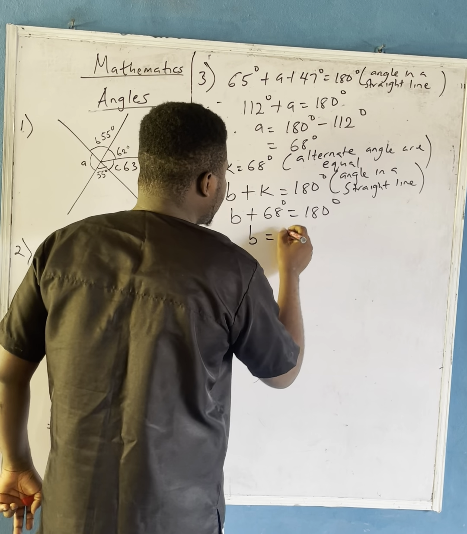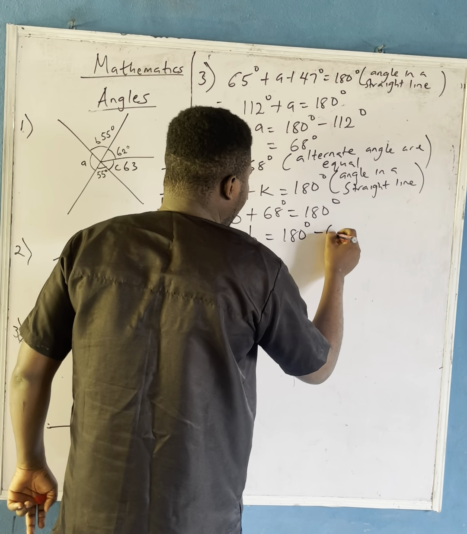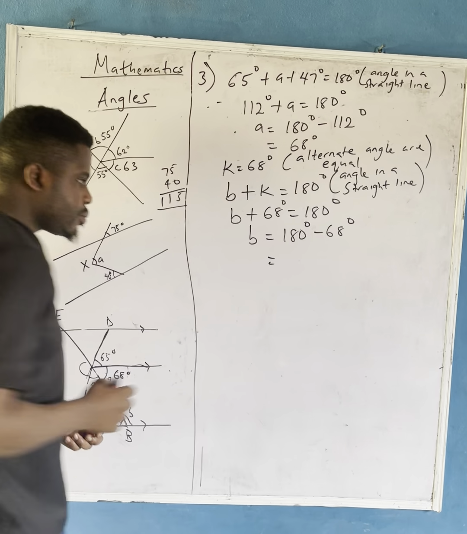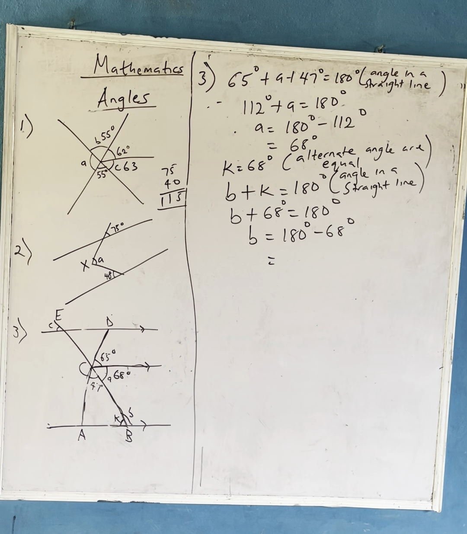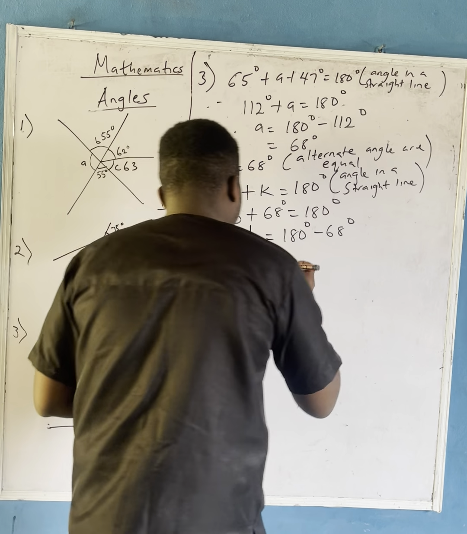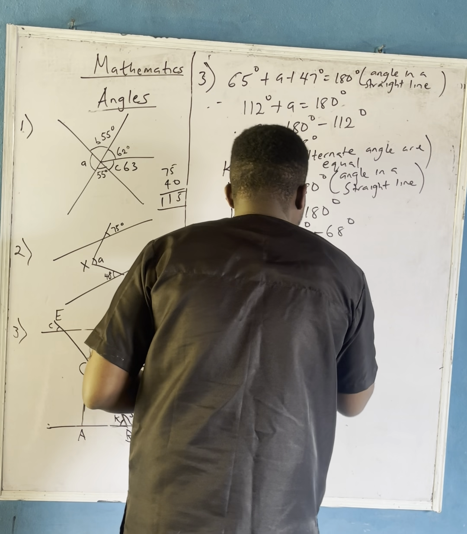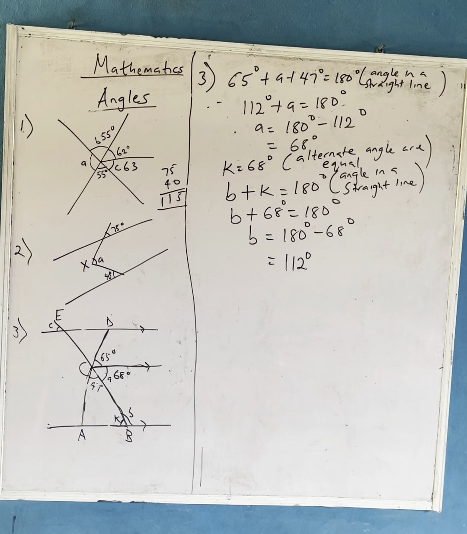So B is equal to 180 degrees minus 68. And what is 180 degrees minus 68? It will give us 112. So B is 112 degrees. So it remains this C now.